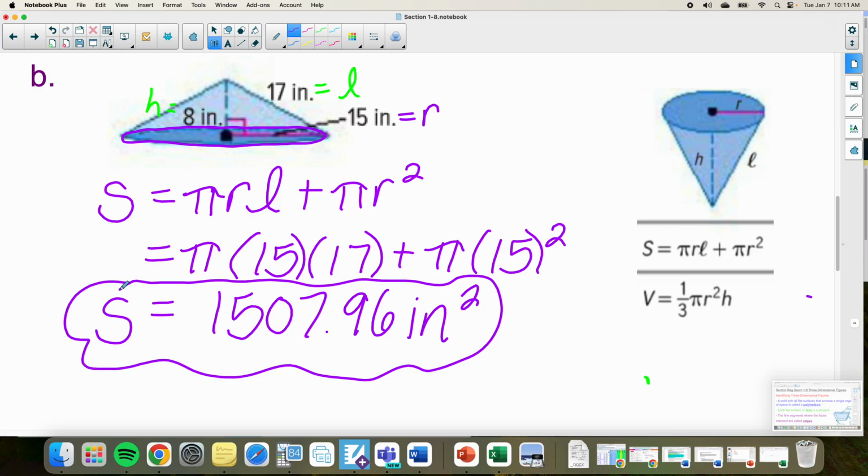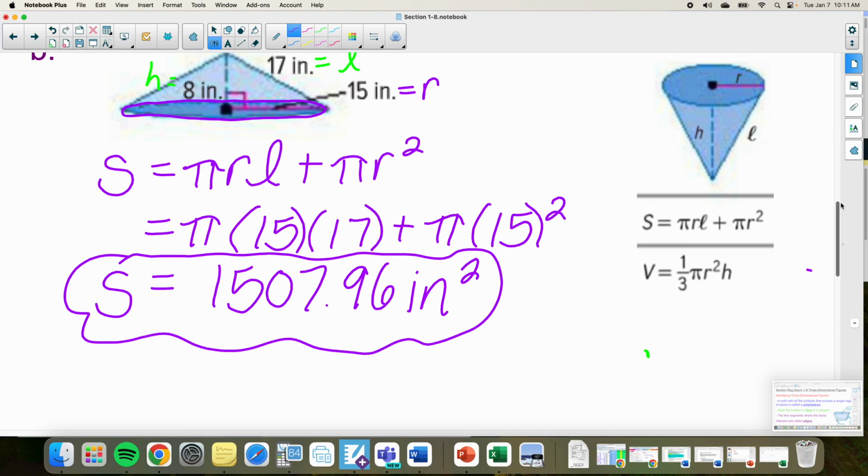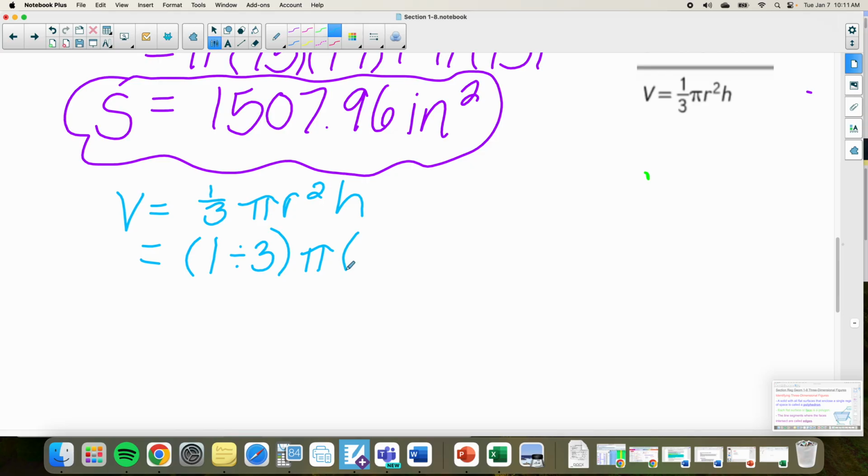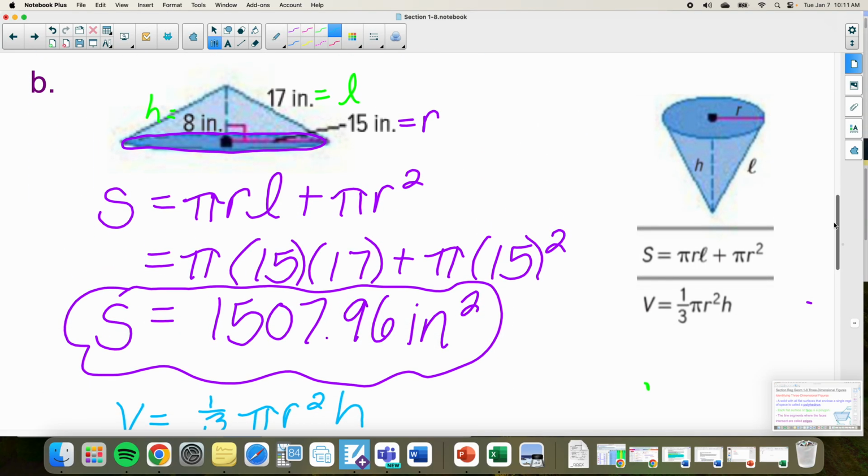Okay, now we have one last thing. We have to find the volume. Okay, so volume is 1/3 pi r squared times h. So again, when you do 1/3, you're gonna go parenthesis 1 divided by 3 parenthesis times your pi key. The r is 15.